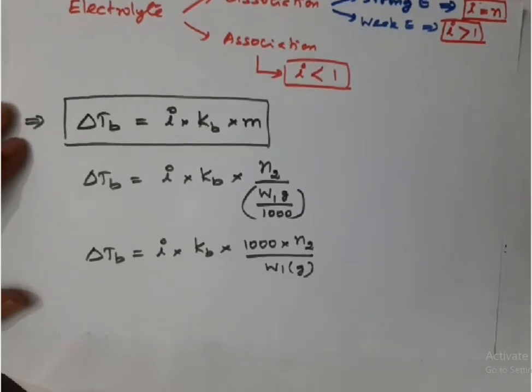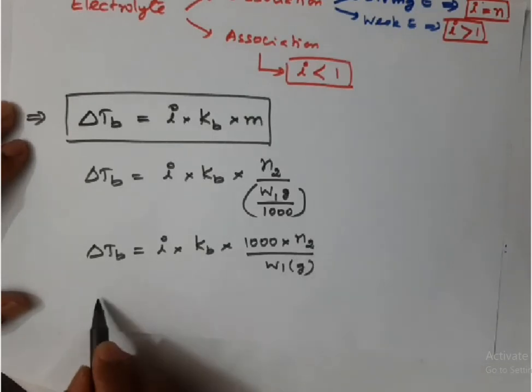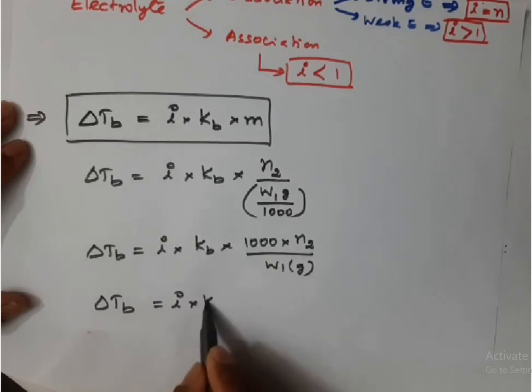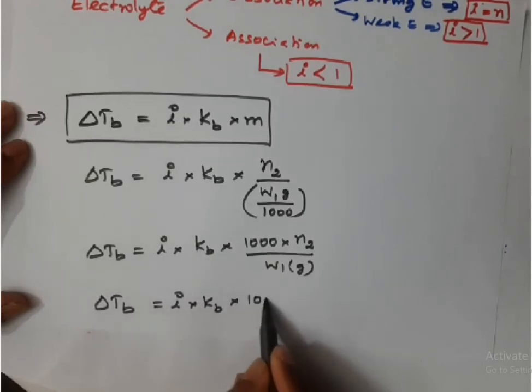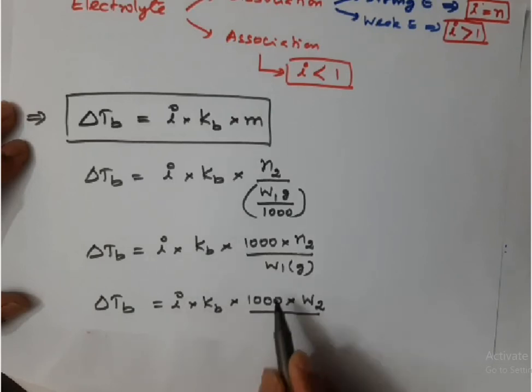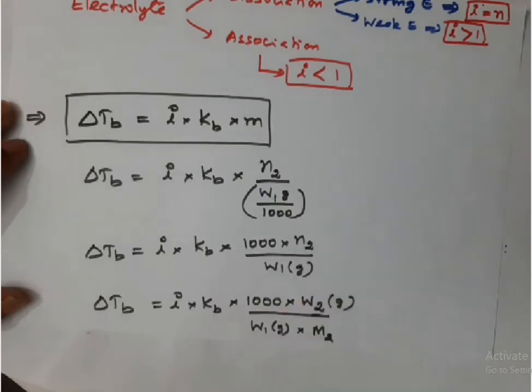Now, we know very well the number of moles is nothing but mass by molar mass. So if I include all the values, delta Tb equal to i into Kb into 1000 into W2 by M2 into W1, with W1 and W2 in gram and M2 the molar mass of solute. W2 by M2 gives the number of moles.